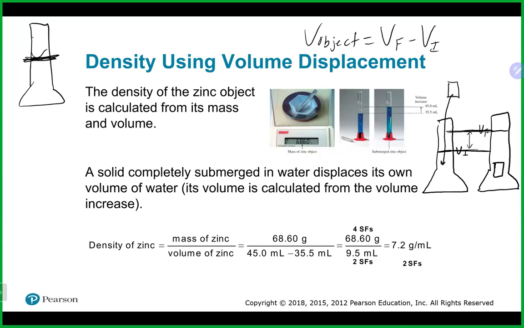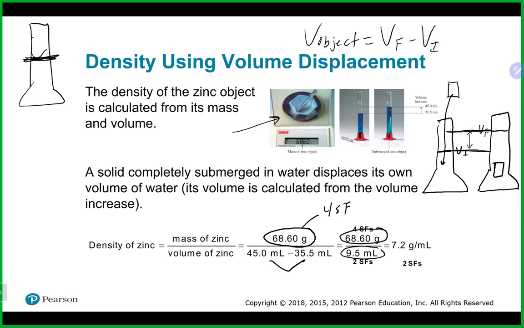So in this case, the density of zinc, we have our mass of the zinc in this example, which you can get from the balance, as you can see there. We have our final minus initial reading here, which gives us our volume. Again, mass divided by volume. This is also really important here. A couple of things, which is here we're looking at 4 significant figures.